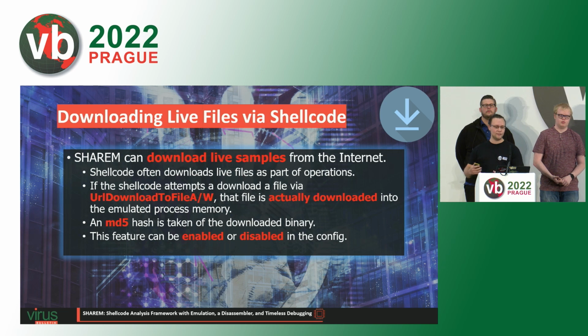So, for example, with a URL download of a file, we would download the file, load it into our memory, create an MD5 hash of it, and then use it where needed. This option is disabled by default, but it can be enabled through our config.